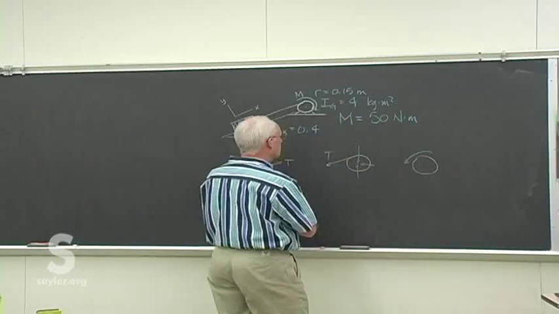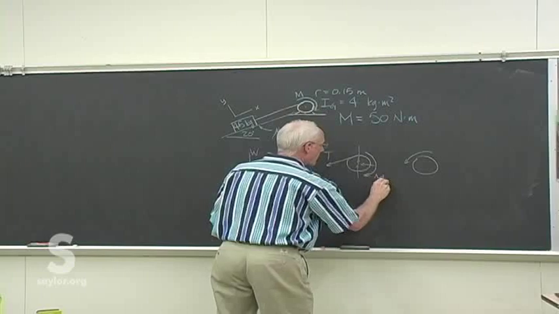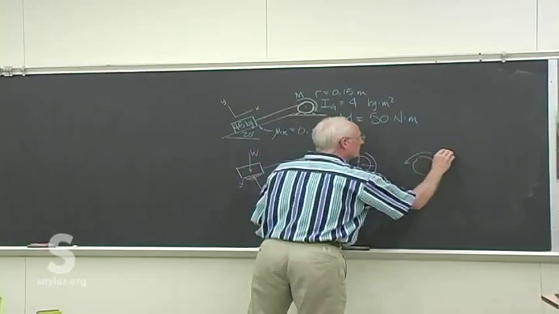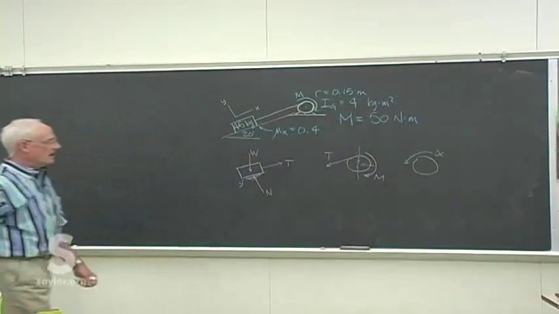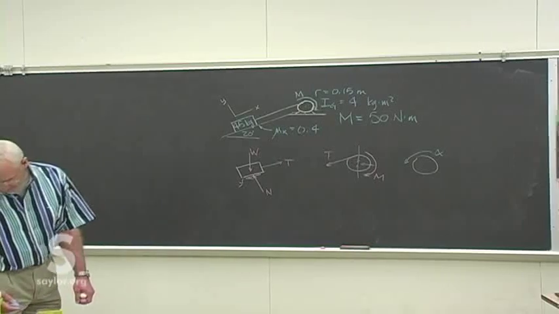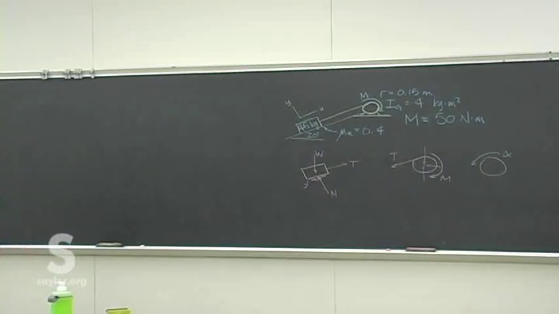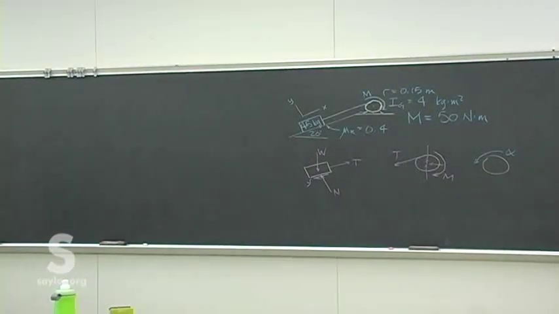Oh, it's got the moment on it too, of course. But all that's going to result is that alpha. So we can wrap everything up with some of the forces in the XY direction on the block and some of the moments on the winch. Should be able to relate all those.